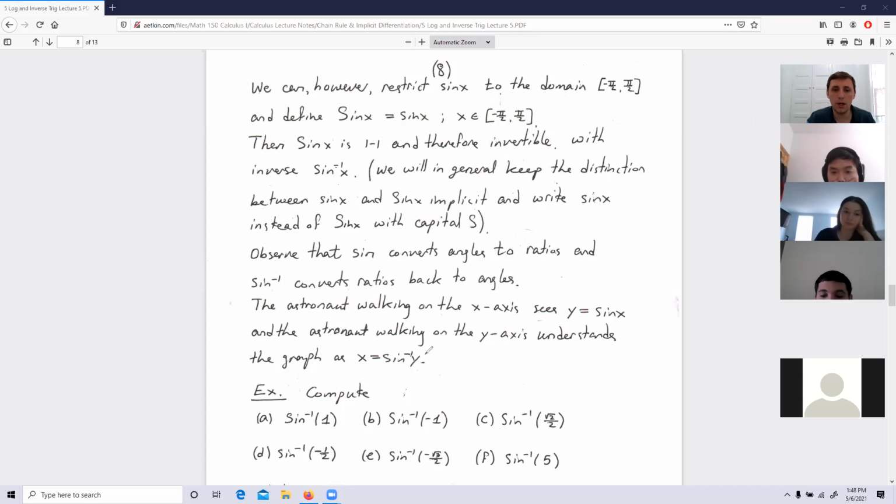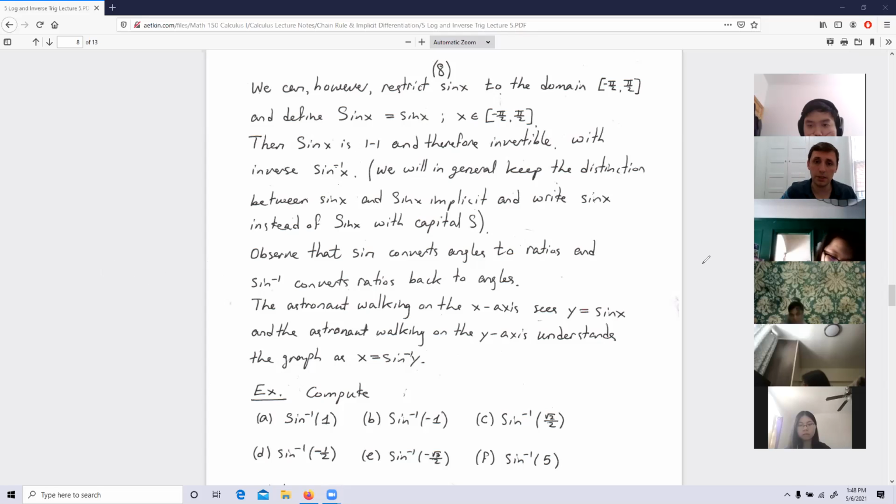Please tell me what is sine inverse of root 2 over 2. You're supposed to know several angles and know how to get to them if you forget. Sine inverse of root 2 over 2, please. Very good.